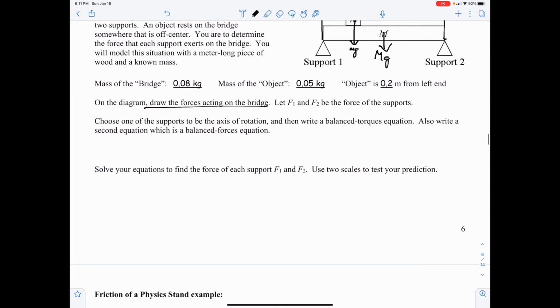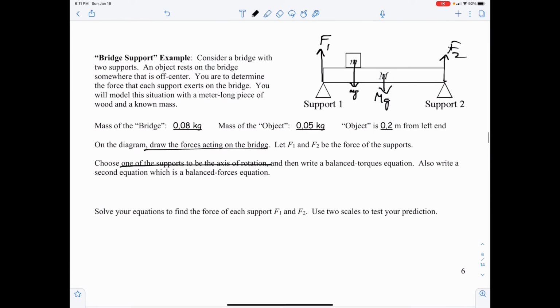And right now it says choose one of the supports to be the axis of rotation and then write a balanced equation for it. So let's go ahead and make the axis of rotation at the left end, which means you do not count force 1 in your equation because the torque from force 1 is 0, since there is no lever distance at that point.